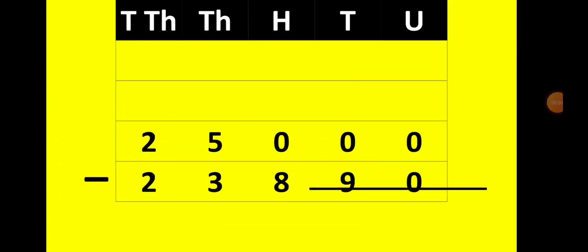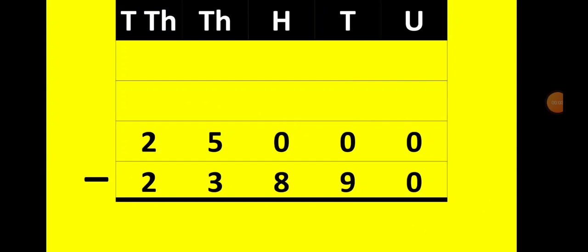Now we will subtract 25,000 minus 23,890. Now you can see in the units place, tens place and hundreds place, all the numbers are 0. So you have to directly go to the thousands place to borrow.